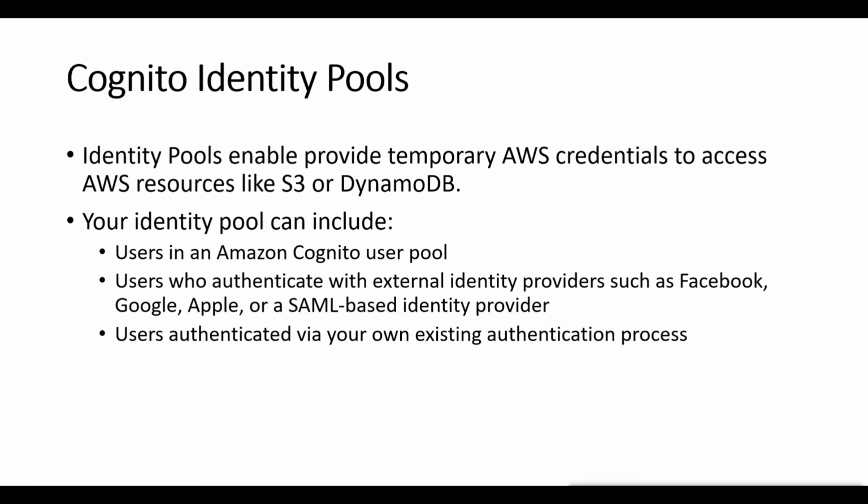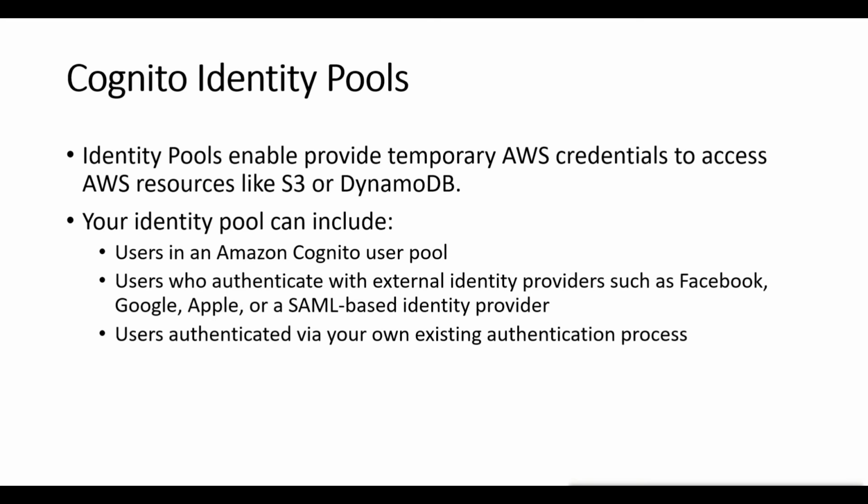Next is Cognito identity pools. Identity pools enable you to provide temporary AWS credentials to access AWS services such as S3 or DynamoDB. So identity pools is all about the authorization of access to AWS resources, whereas user pools are about your actual users. This is one of the differences.